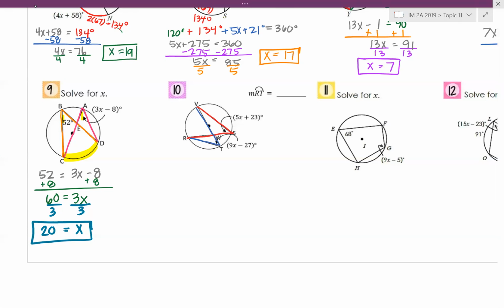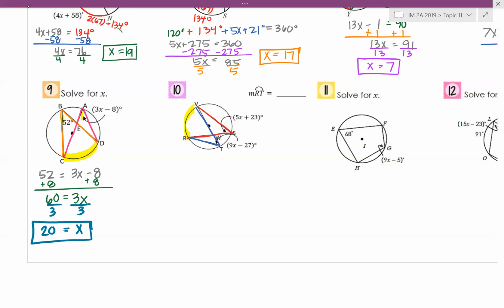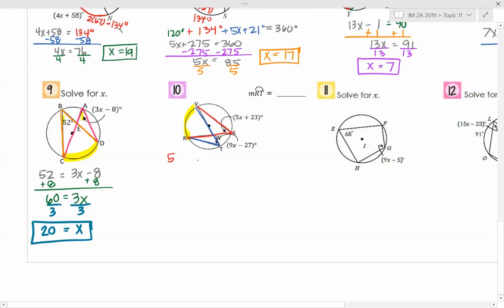Both of these angles open up to arc VR, and so that means that those 2 inscribed angles are congruent. So I can take 5x plus 23 and set that equal to 9x minus 27.